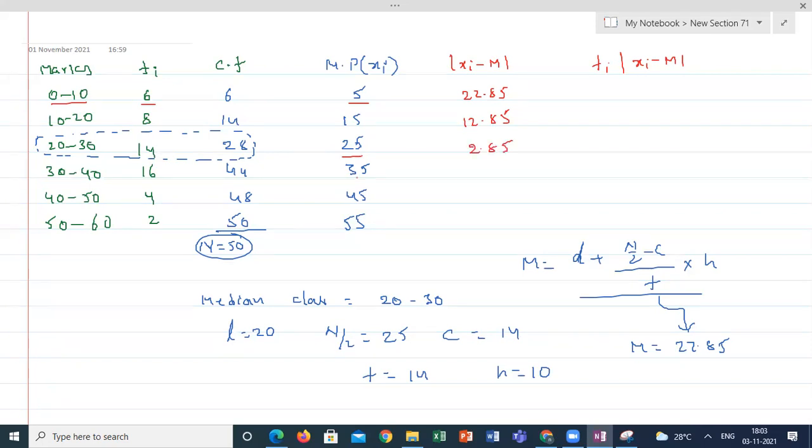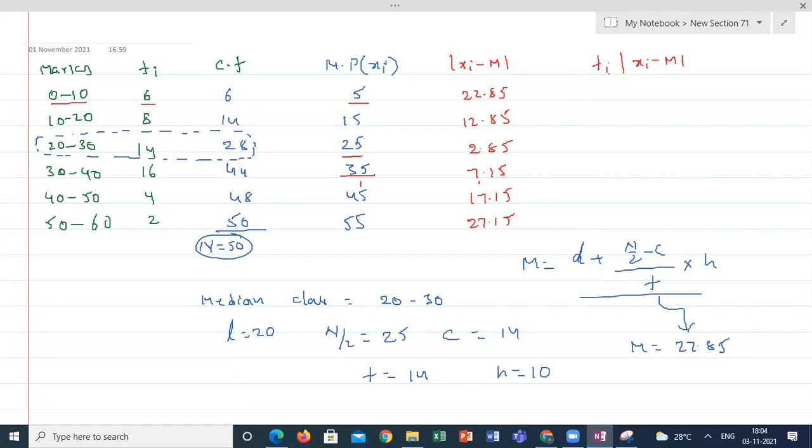Then 35, so 10 minus 2.85, which is 7.15. Then 45 minus 25.85 is 17.15. Then 55, so just add 10 here, 27.15. Because here I got 7.15, the difference is 10, so add 10 here, add 10 here.